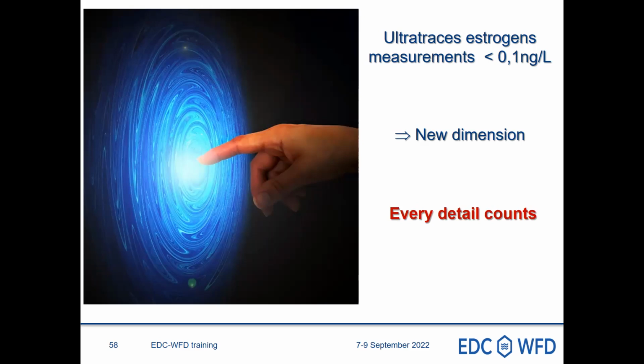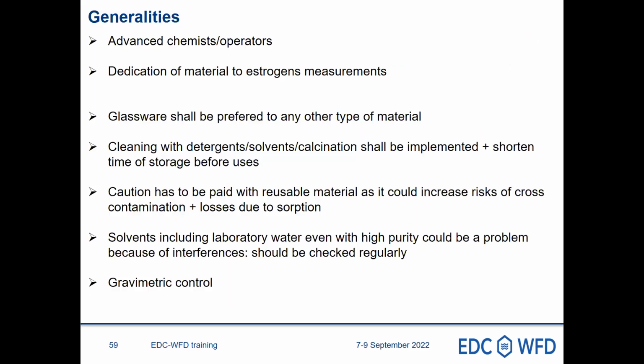Many of us had, at the beginning of the project, experience in estrogen measurements, but not at this so low level of concentration. And we have been very, very surprised by the so many difficulties we have been obliged to overpass. But we have found solutions, and this is what we would like to share with you now.